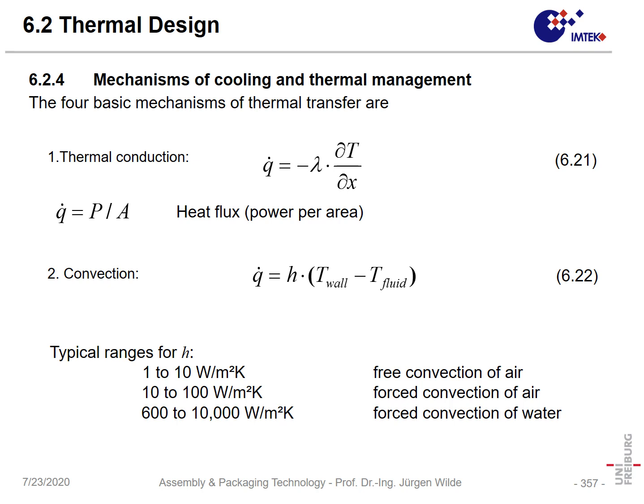The second is the convection on a wall. So imagine we have a part which has a temperature T and where we blow with air. So we have here the wall, which is the surface of our device, and here we have the fluid, which can be air or water or oil.